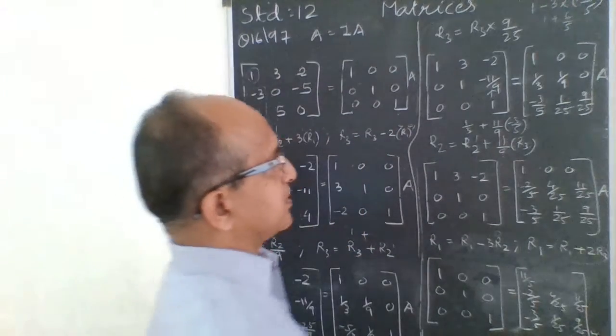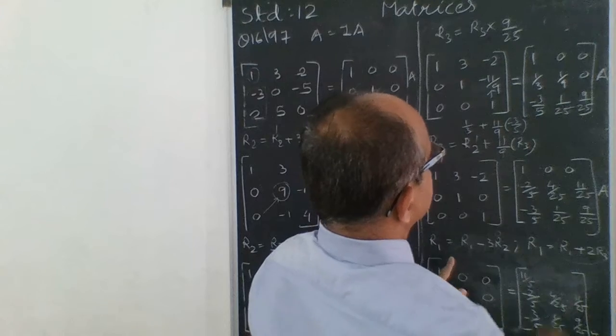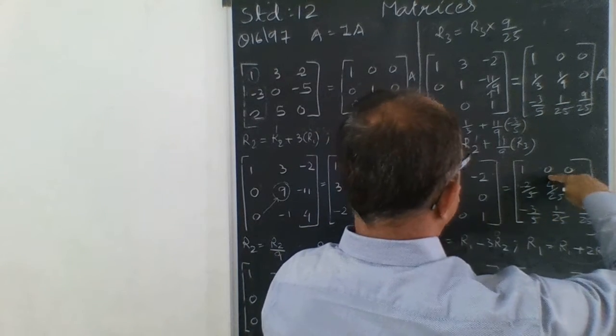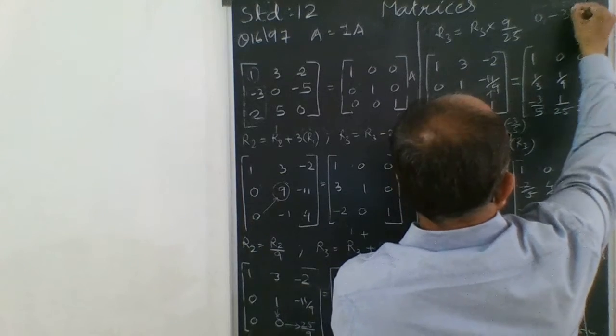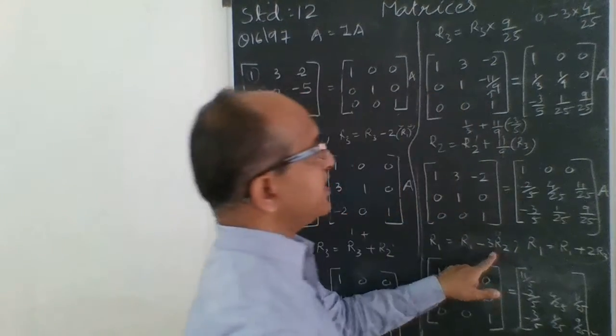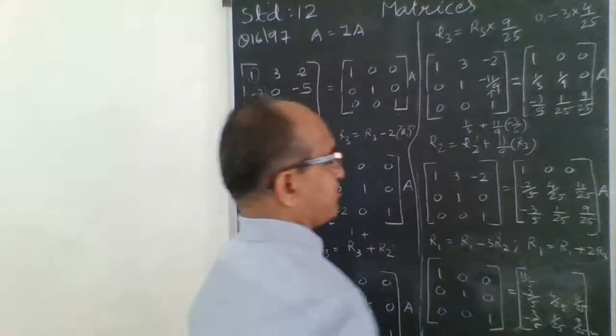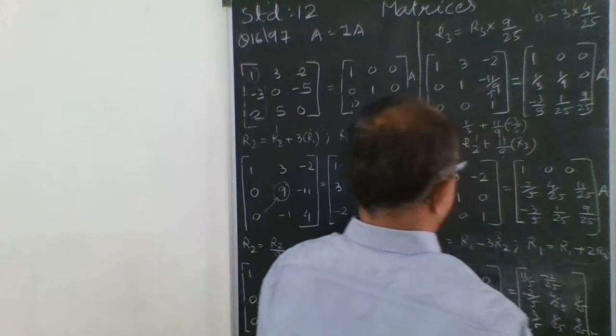Okay. Then second, here this is 0. R1 is 0 minus 3 into R2. So what are we getting? Minus 12 upon 25.